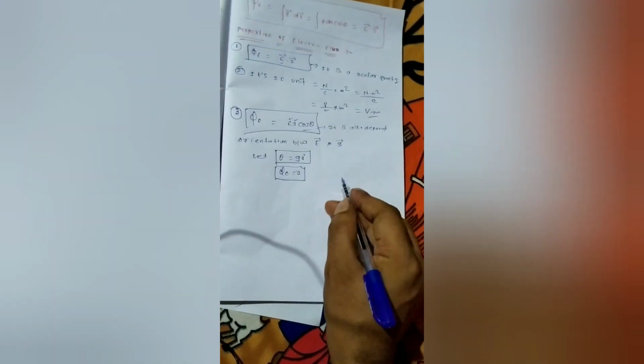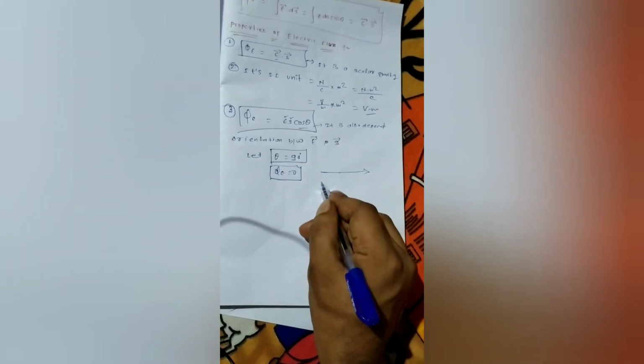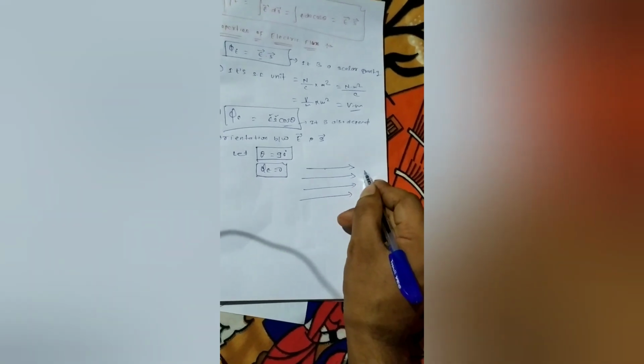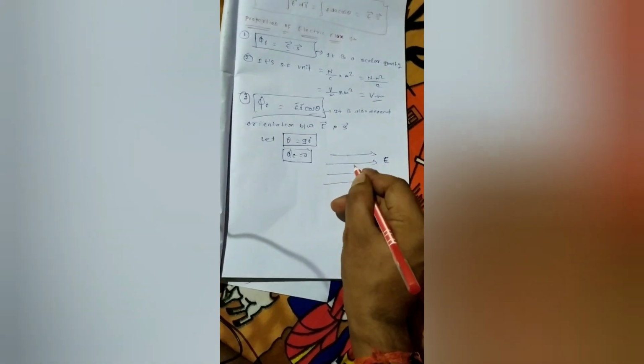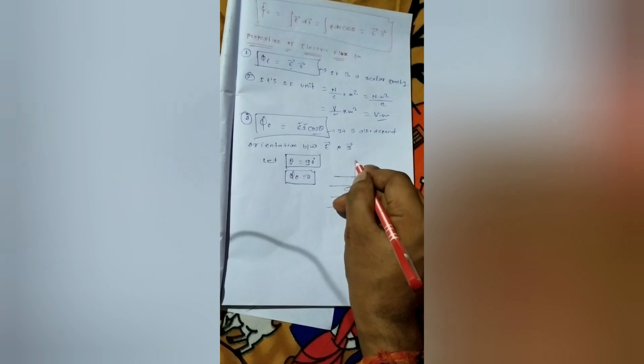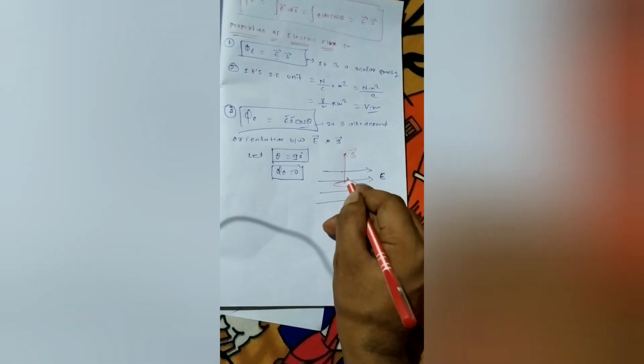So θ 90 means the electric field and area vector, I am telling you, not the area of cross section, the area vector should be perpendicular like that. This is a cross section, so its area vector will be in this direction. So right now the angle is 90, so the flux will be 0.